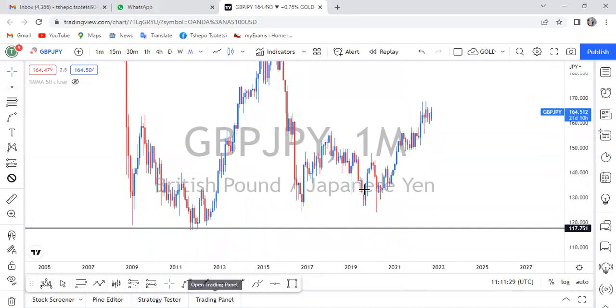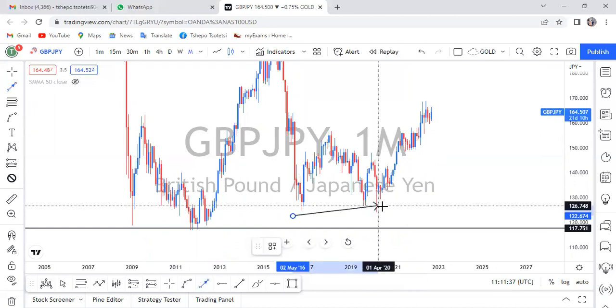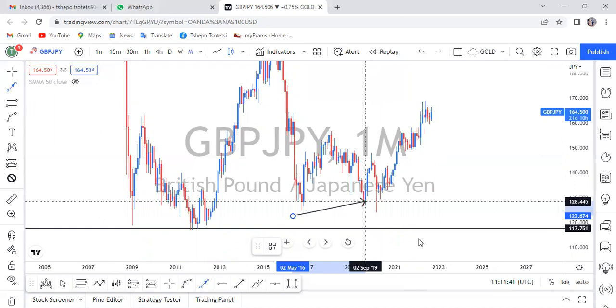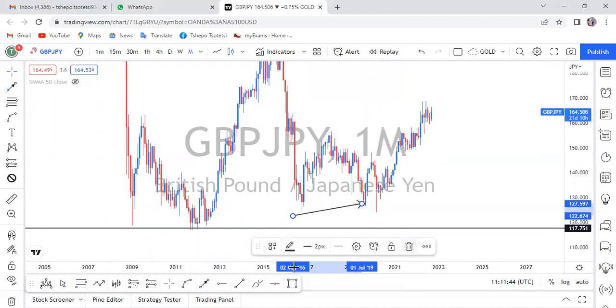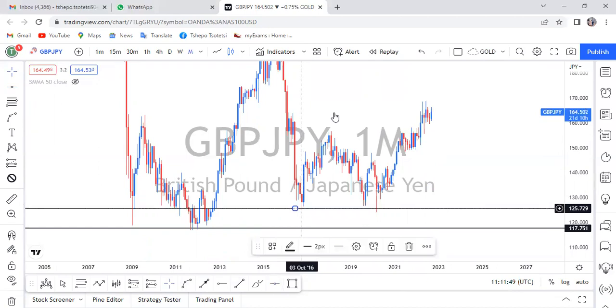As we can see, when price got here, it was also rejecting. There's a first rejection, second rejection, third rejection. So also look for multiple rejections. Here we can see price was also rejecting, so we put our support, because we have rejections.